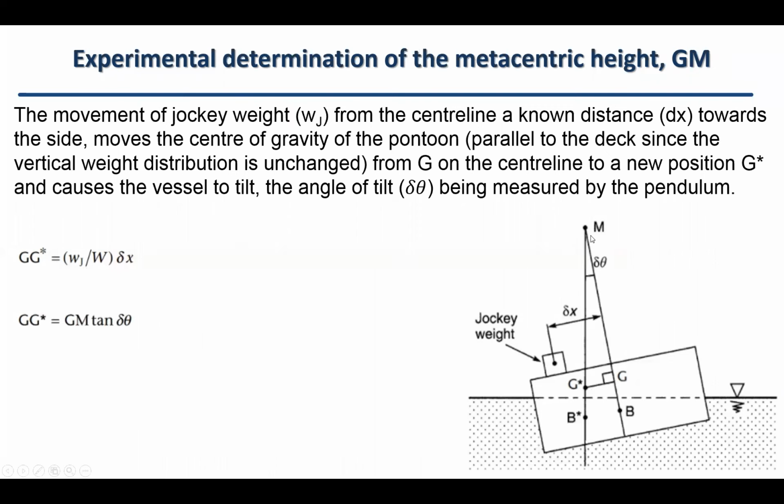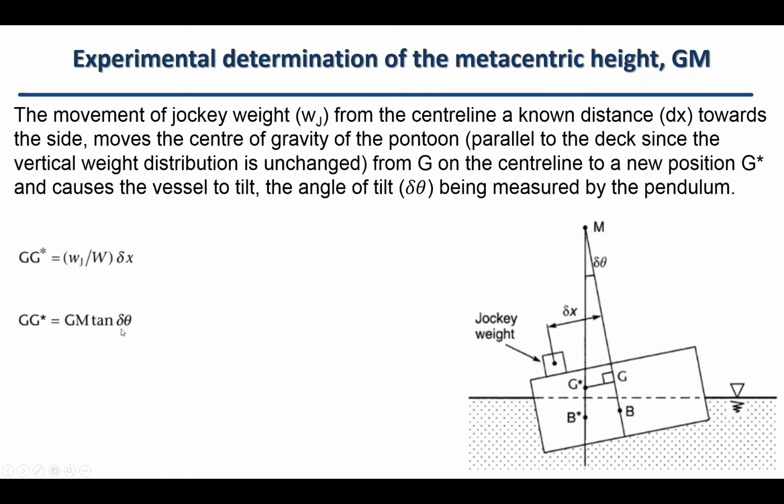And we know from this triangle, the GG star M triangle, that GG star is equal to GM times tangent delta theta. This is the geometry: from the tangent, delta theta is opposite over adjacent.